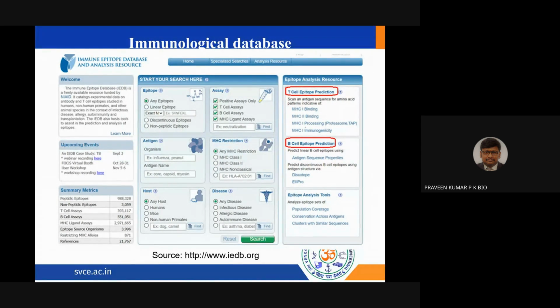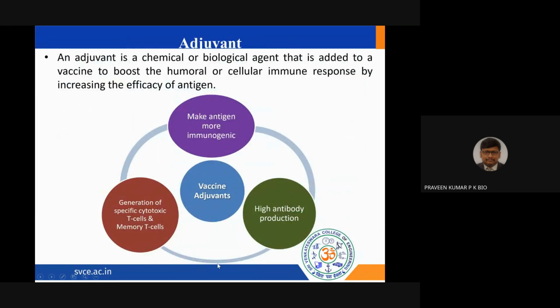You have a series of hyperlinks; you click inside, and you can use these tools for identifying epitopes. So many epitopes are deposited in the database: peptidic epitopes, 10 lakhs, and non-peptide epitopes. Use data mining with the tools already existing on the same website, the Immune Epitope Database. That's it.